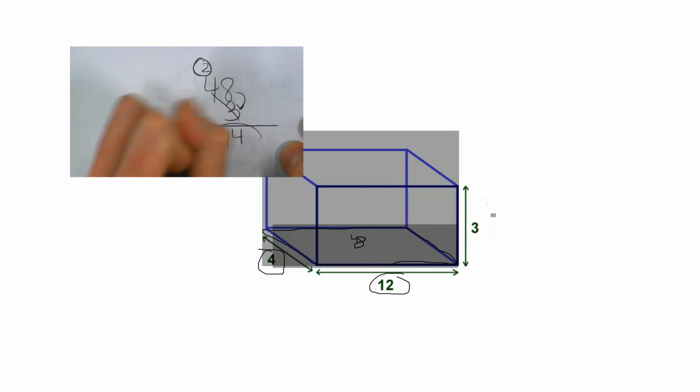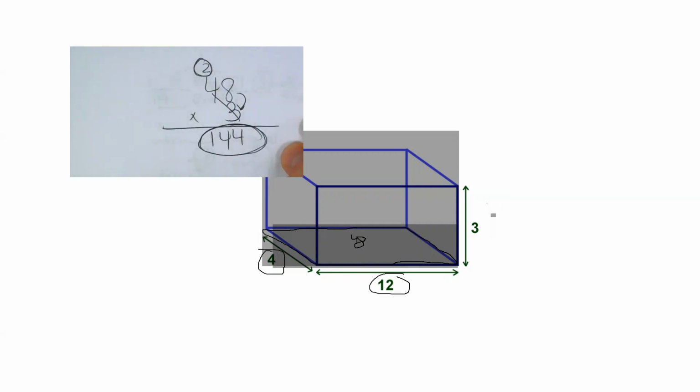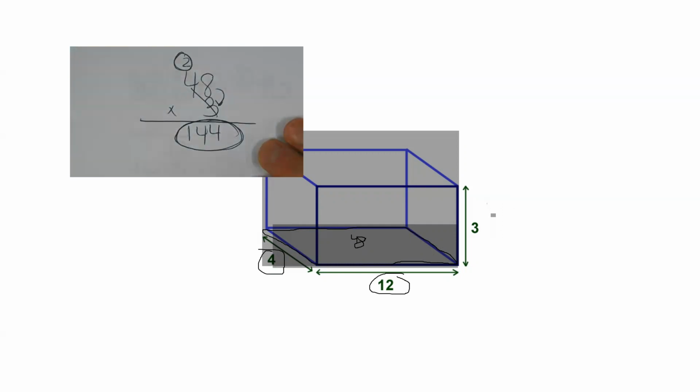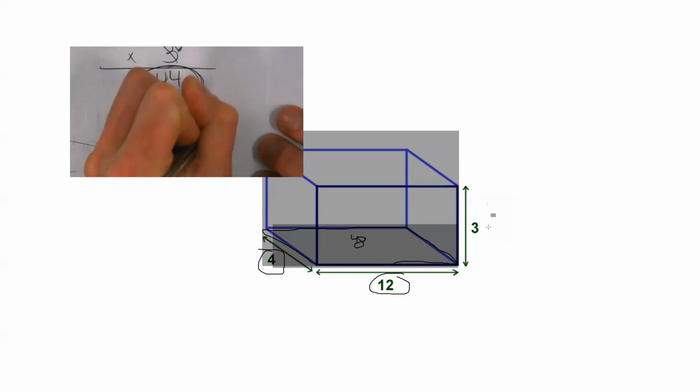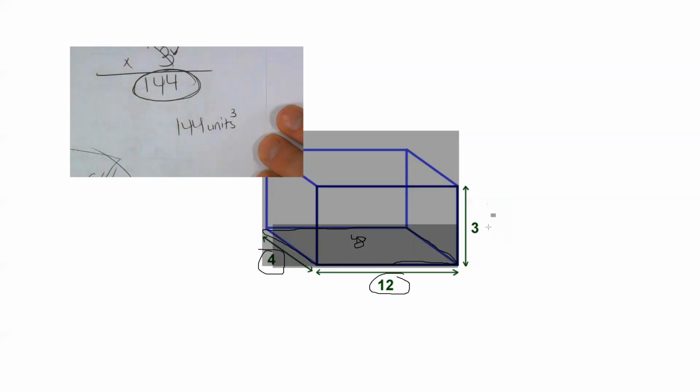So that entire thing is 144. It doesn't give us a unit, doesn't tell us if it's centimeters, meters, feet. So we're just going to say 144 units cubed.